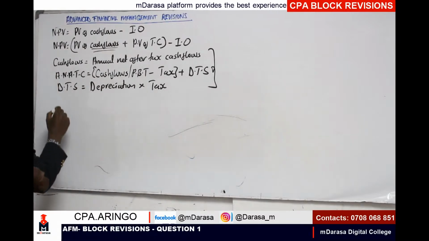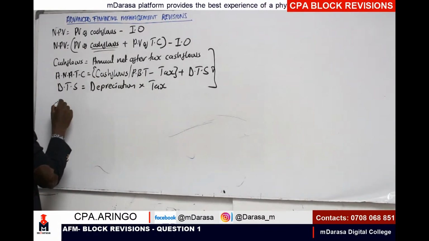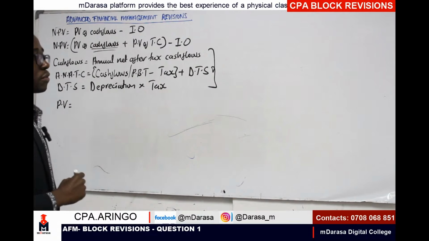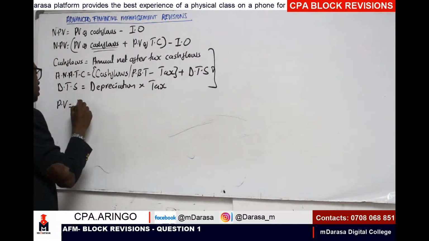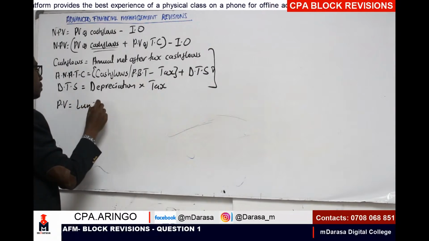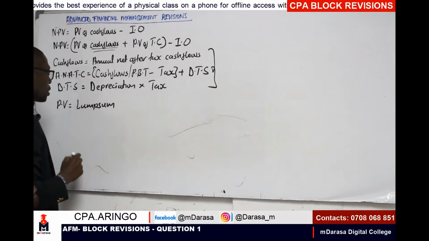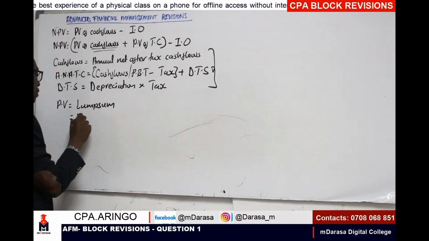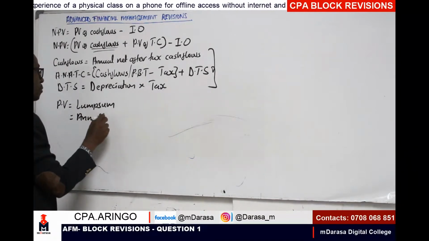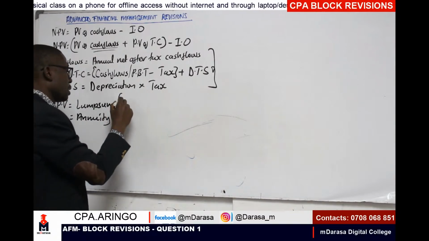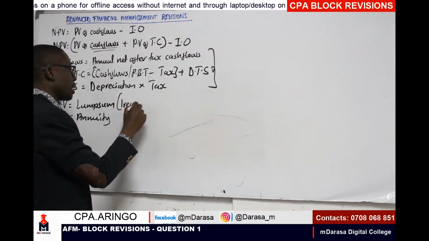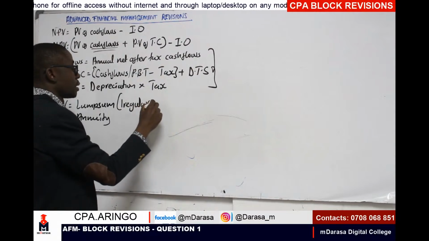So that is the first segment, the cash flows. What about the other segment, present value? It will depend on whether you're having a lump sum or an annuity. Lump sum in this case is the same as irregular cash flows.